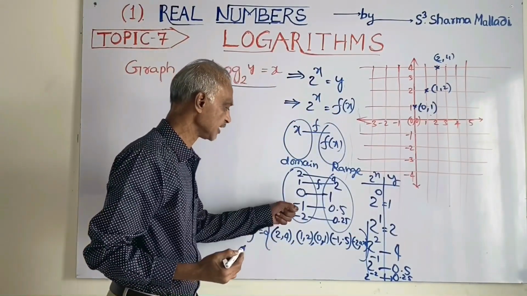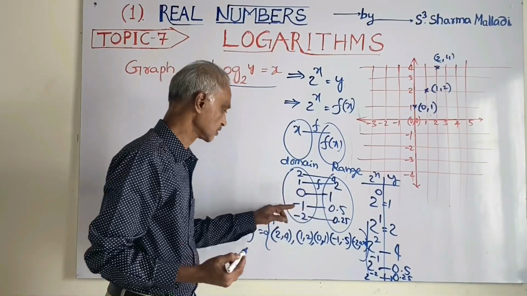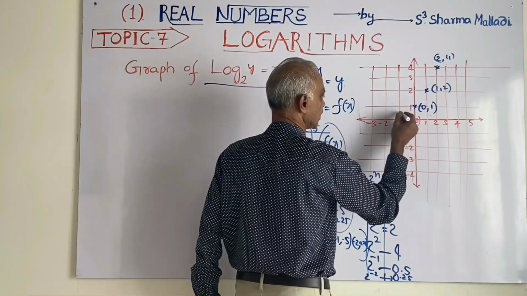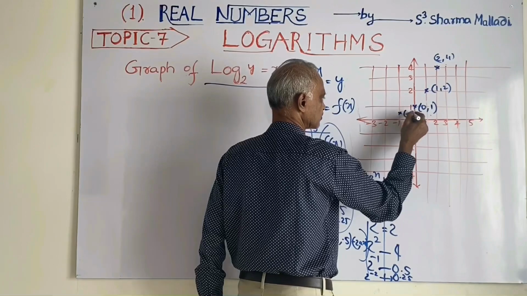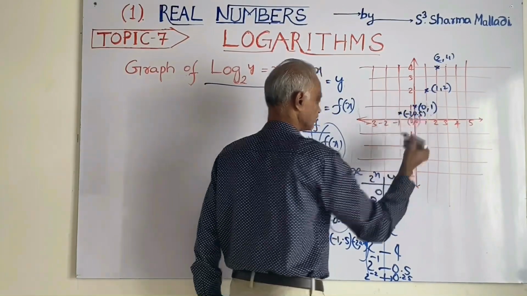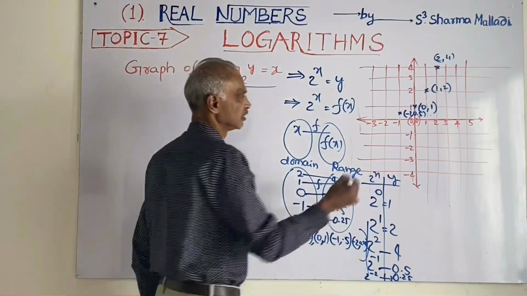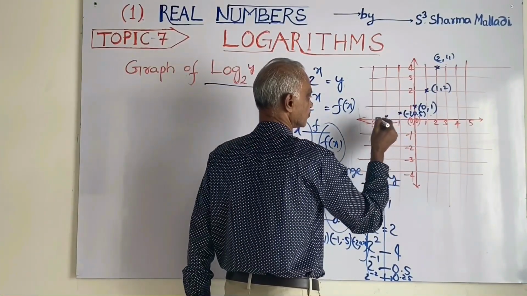Next, minus 1 on the x-axis, 0.5 on the y-axis: minus 1, 0.5 will be here. Next, minus 2, 0.25 will be here.